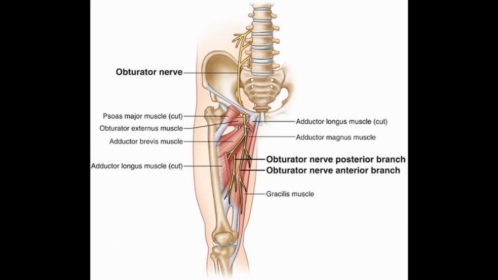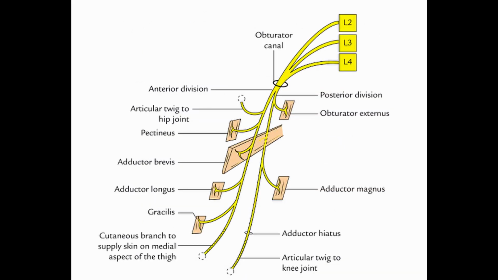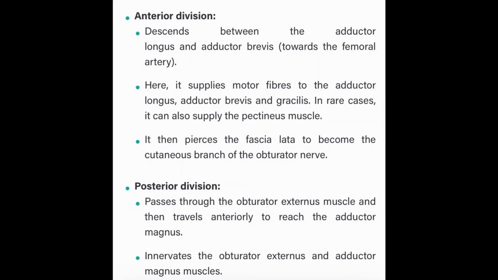In the thigh it is divided into two parts, the anterior branch and the posterior branch. The anterior division of the obturator nerve descends between two muscles, the adductor longus and the adductor brevis. Here it supplies motor fibers to the adductor longus, adductor brevis and the gracilis muscle.